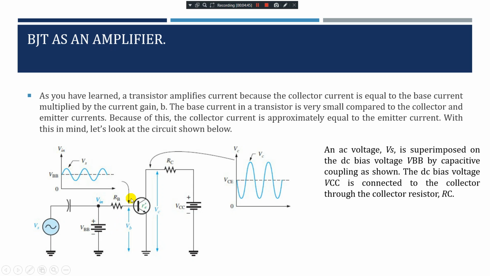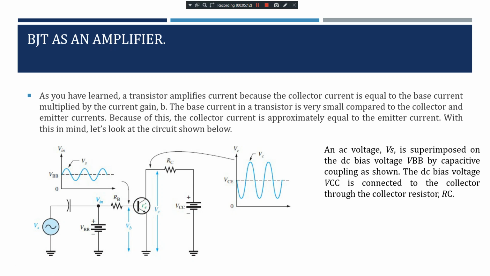Next, because the base current in a transistor is very small compared to the collector and emitter current, the base current is always smaller than your collector and emitter current. It's a very small current which is needed to switch on the transistor to work in the saturation region.